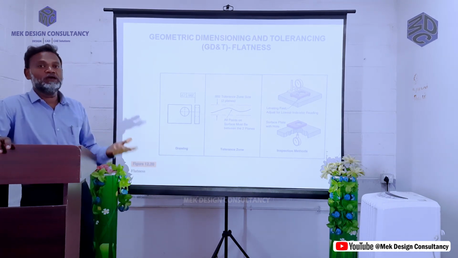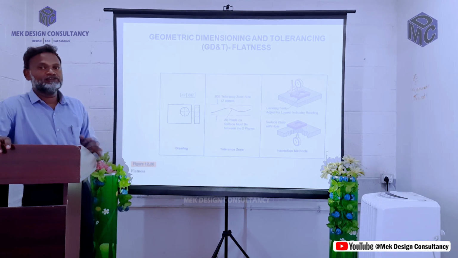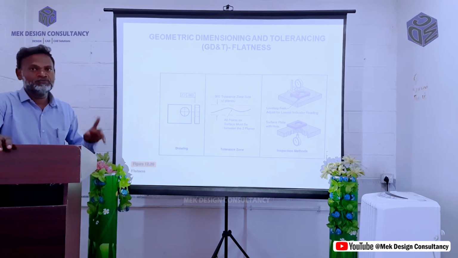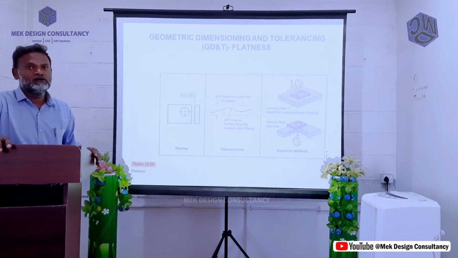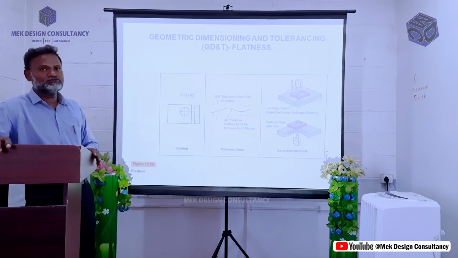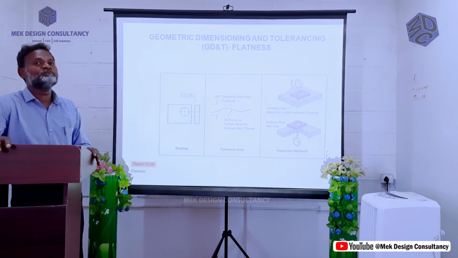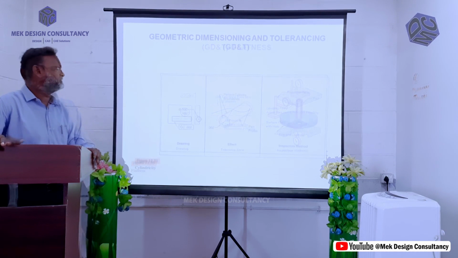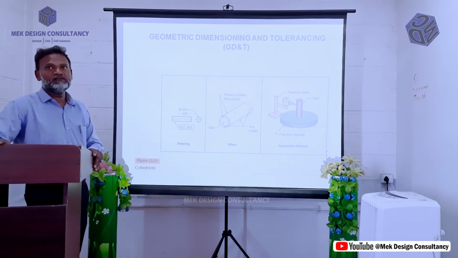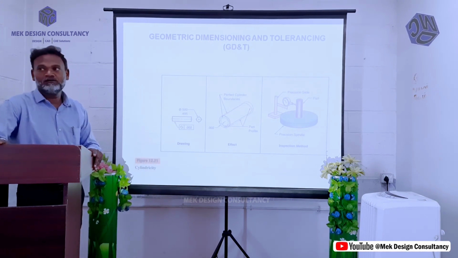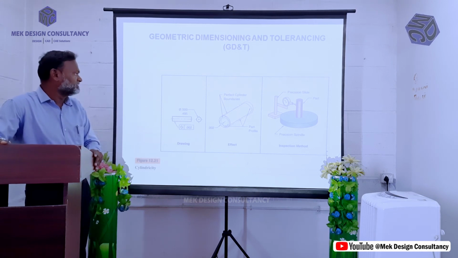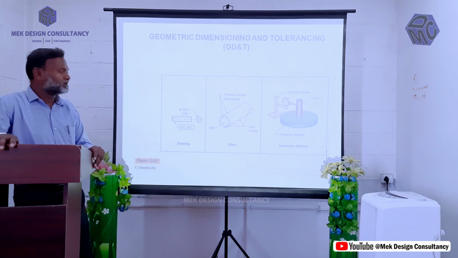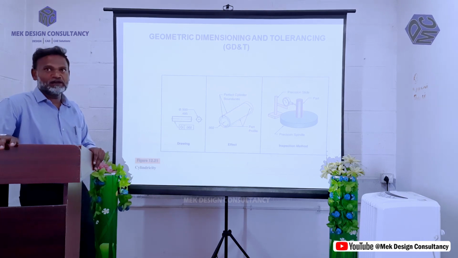If suppose the product fails, then again we need to modify the product, or otherwise it will go to scrap. So this is how the symbol should be used and produced by manufacturing, and after manufacturing the testing will happen. See, this is another important symbol which is used in the production drawing: cylindricity and circularity, and also runout and total runout.